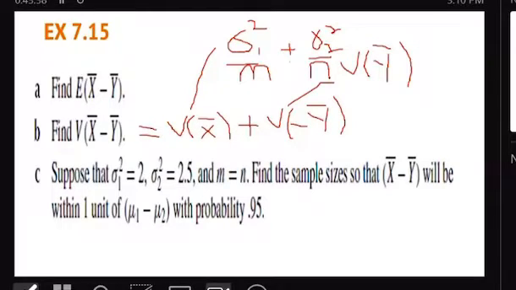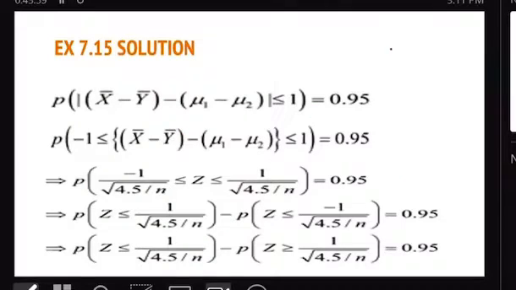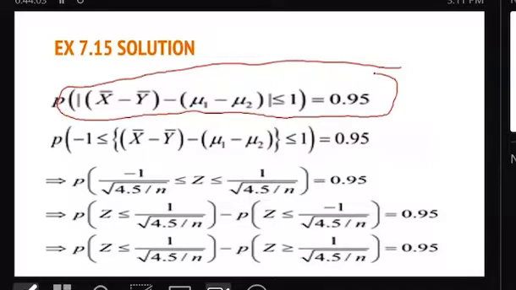Okay. Now, going to the next question. Suppose that sigma 1 square equals 2, sigma 2 square equals 2.5, and M equals N. Find the sample size so that X bar minus Y bar would be within 1 unit of mu1 minus mu2 with probability 0.95. Take a look at this. This is a mathematical interpretation. Is there anyone who doesn't understand how I interpreted it to be that?